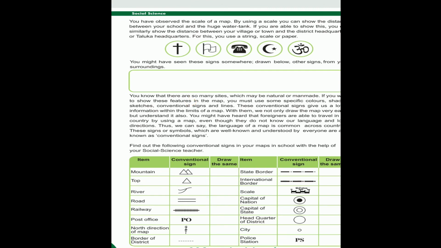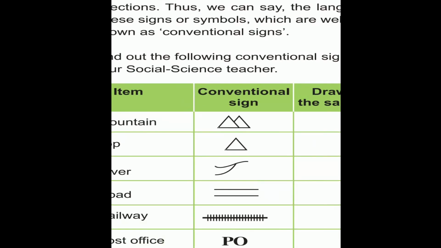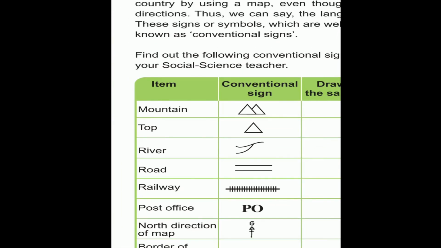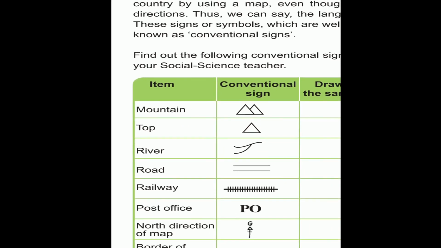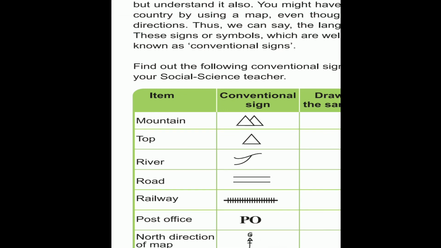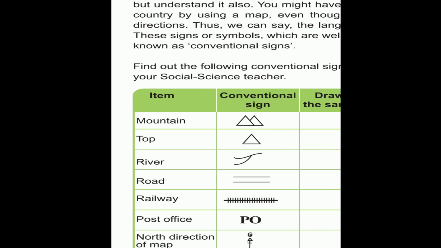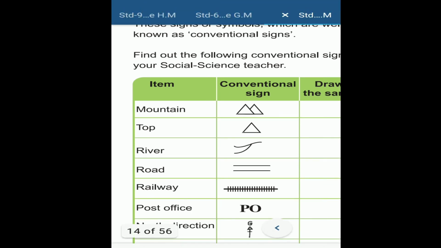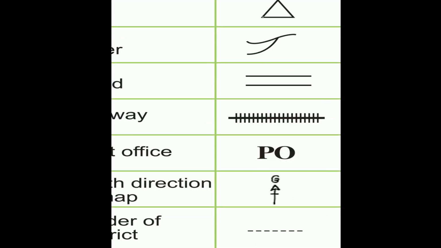Okay, I tell you, this is the mountain. If a sign like this, it will be a mountain top. If there are lines like this, then it will be a river. This is for road, this is for railway, and PO means post office. If there is a direction, upward, we will say this is the northern direction. And if it is down, we will say it is the southern direction.